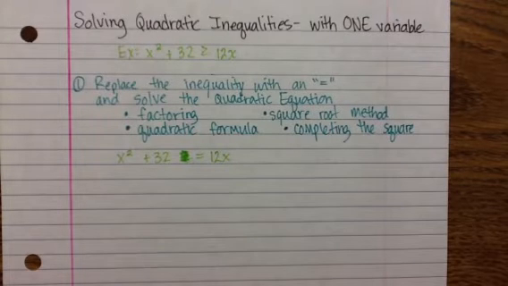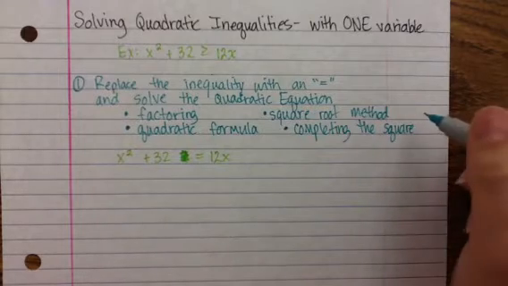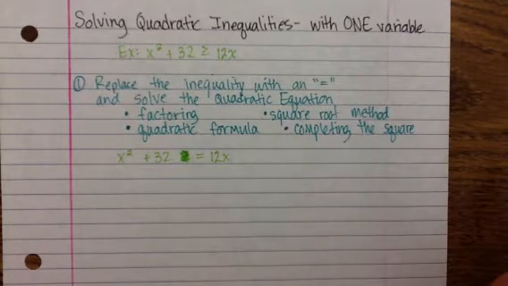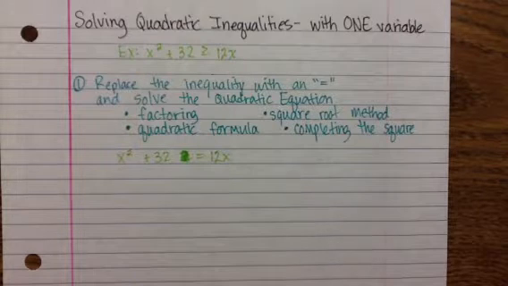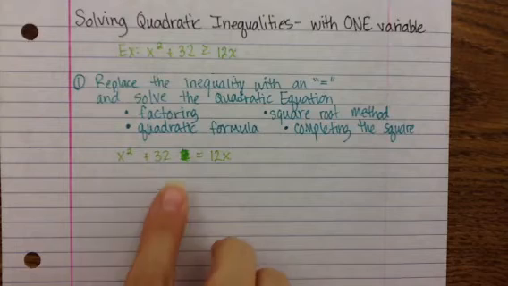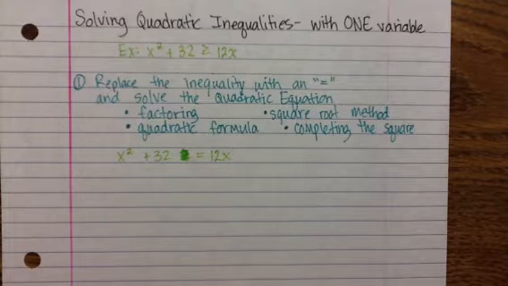If you remember from the unit that we were solving quadratic equations, you'll remember that factoring and square root method only work sometimes, but the quadratic formula and completing the square method will always work. So let's go ahead and solve this quadratic equation.